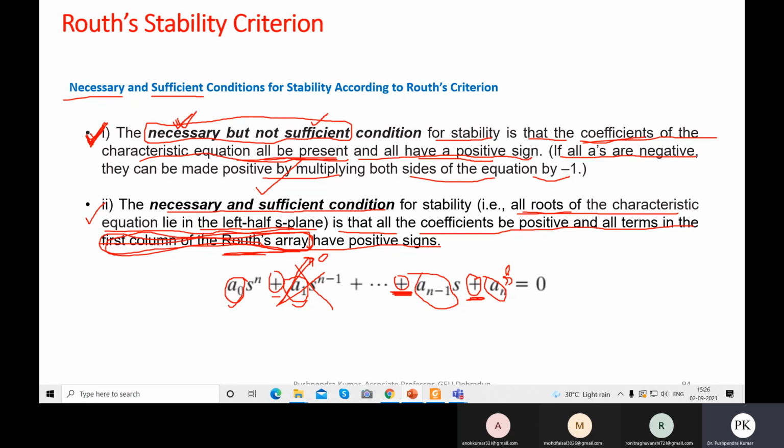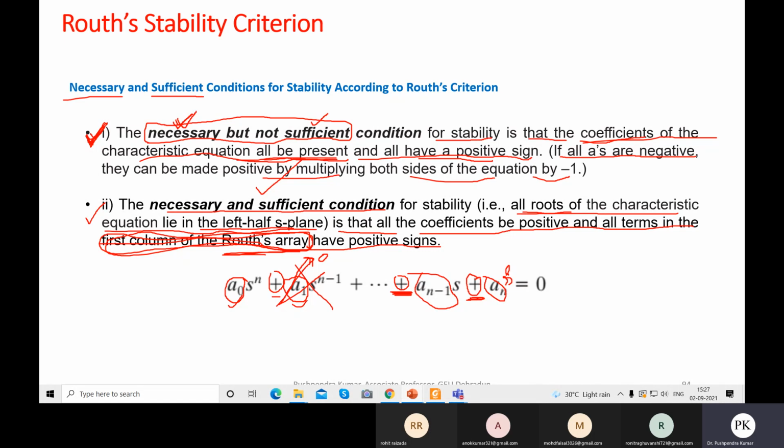For example, if you perform an antigen test for COVID, and this test shows a positive result, it means you are COVID positive. That is sufficient. Whether you go for RT-PCR or not, it will be positive only.